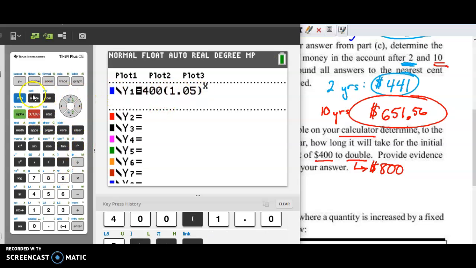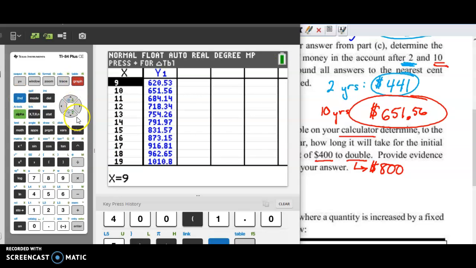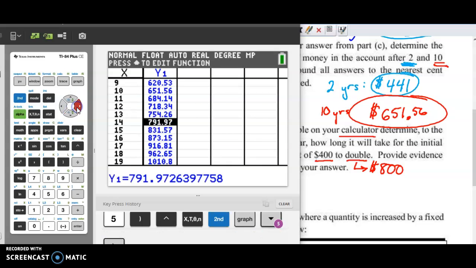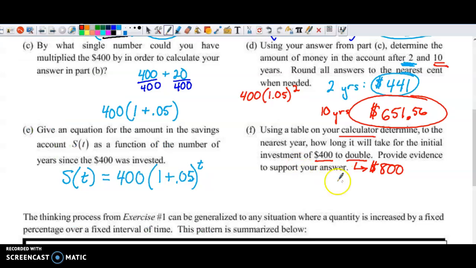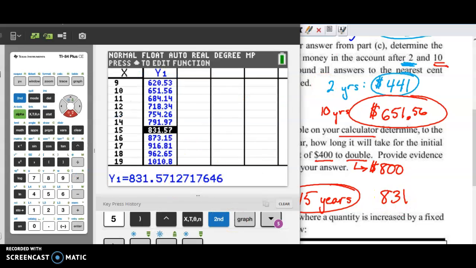I just type that into y equals and go to my table, and I can go down, oh, there's 10 years. It looks like it's taking about 15 years. I'd be fine if you said 14 years, but technically at 14 years you're not there yet. So I would say up to 15 years to get your $400 to more than double. It was like $831 and 57 cents.